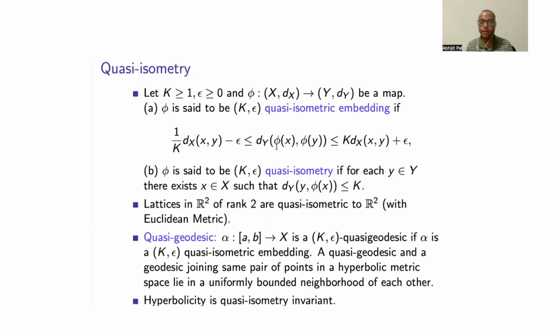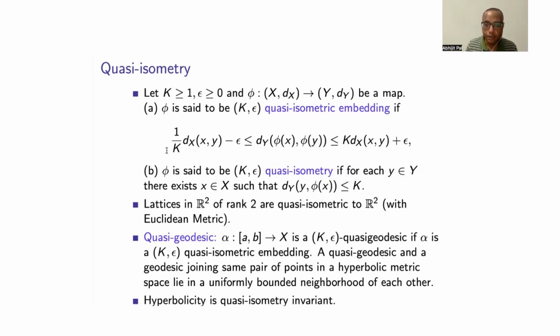If this inequality is satisfied, we call phi a quasi-isometric embedding.